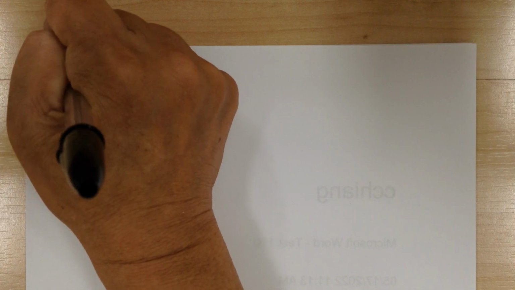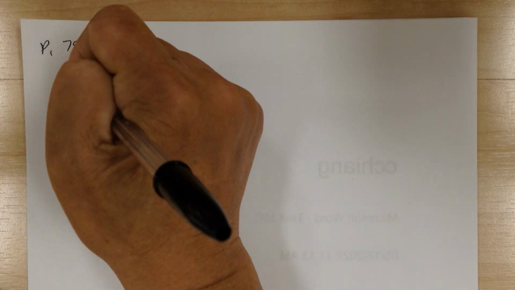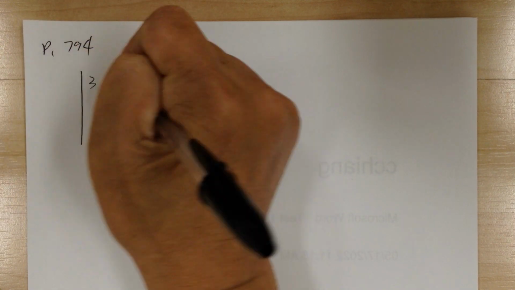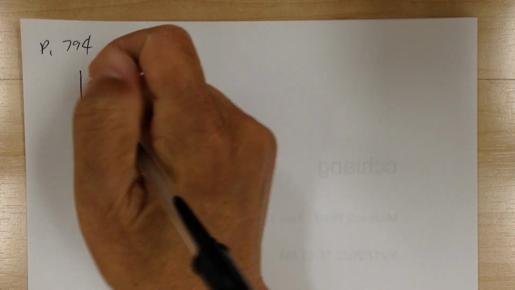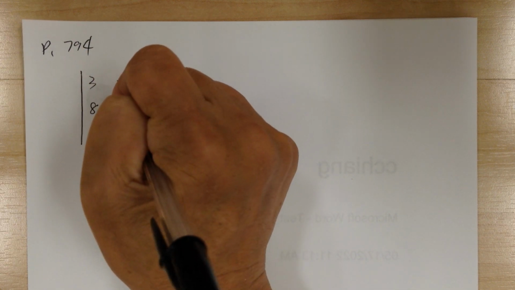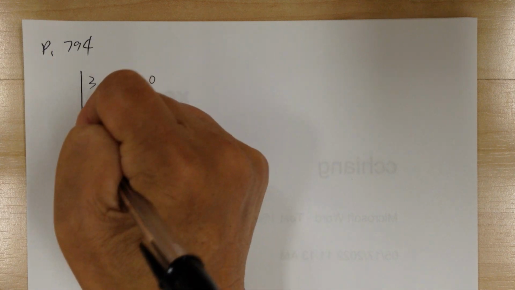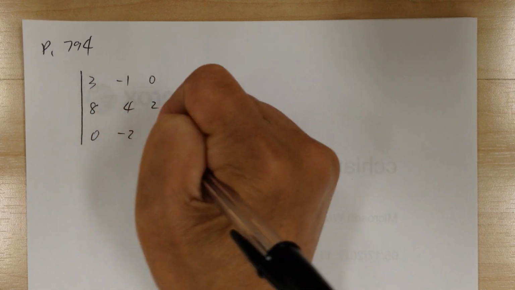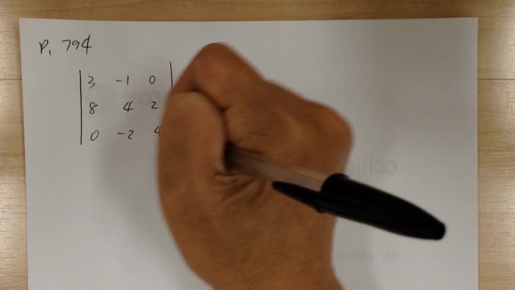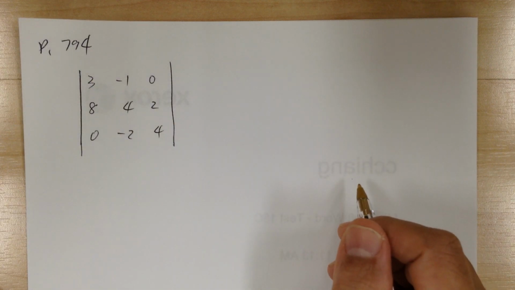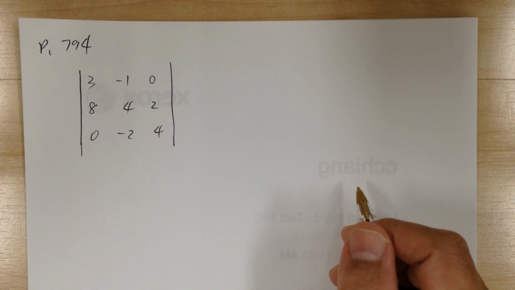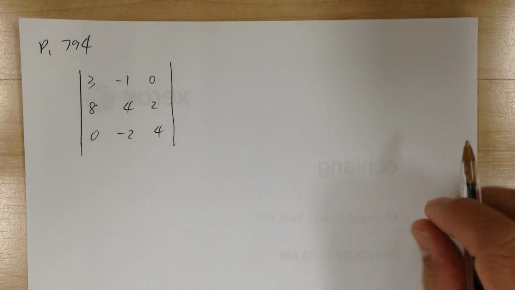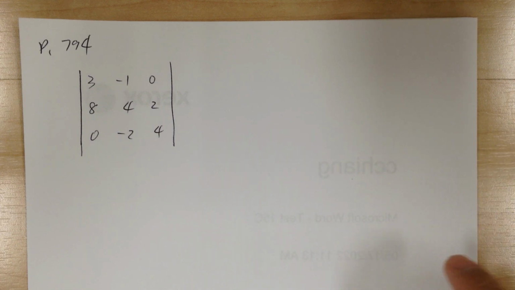Okay, so on page 794, you have the 3, -1, 0, 8, 4, 2, 0, -2, 4. And this one you want to do expansion by minors for the first column.